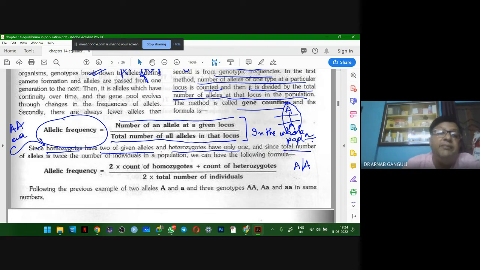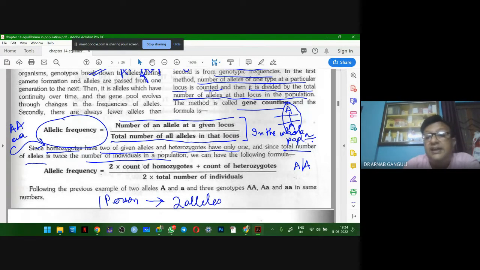And since the total number of alleles is twice the number of individuals in a population, because one person has two alleles, that can be AA, or it can be A small a, or it can be small a small a.